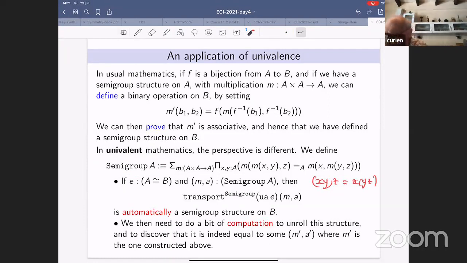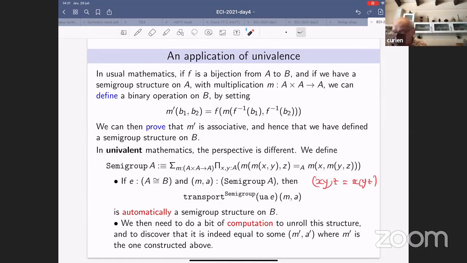You will know by univalence that you have a semigroup structure on B, but nobody really tells you what it looks like. If you want to uncover this formula, you'll have some work to do. It's a no-win game. Ordinary mathematics does the job at a certain point, and univalent mathematics does the job at another point in time. But in the end, they do the same kind of job.